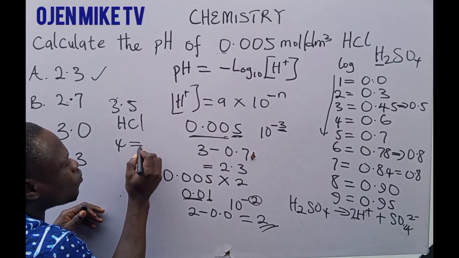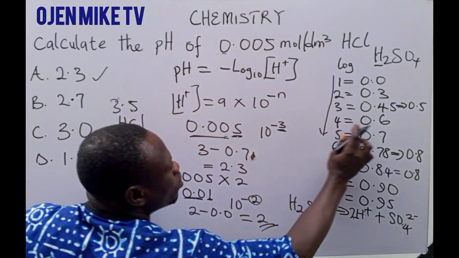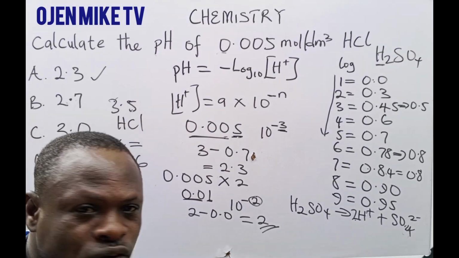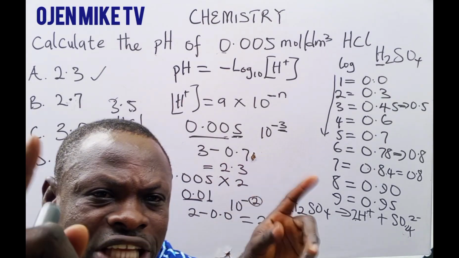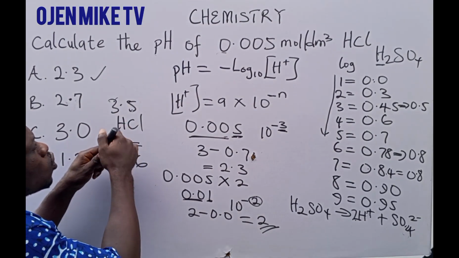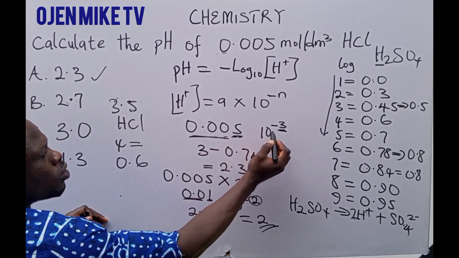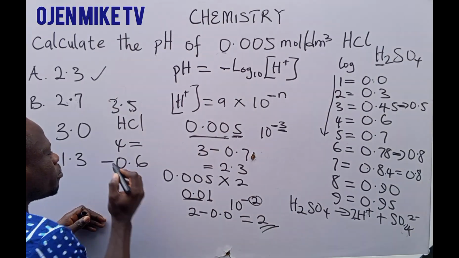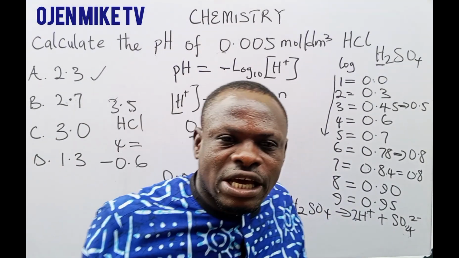So the logarithm of 4 is 0.6. Are you following? But then take note, this one is no longer in minus. Look at this one, it is 0 point, we raise it to minus. Remember pH is negative, so I will simply put minus. That is my answer.